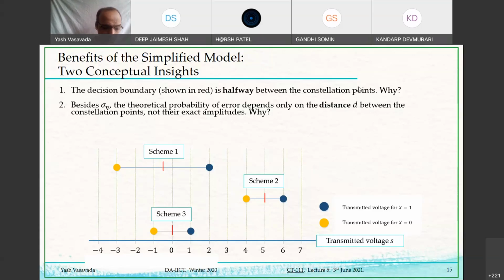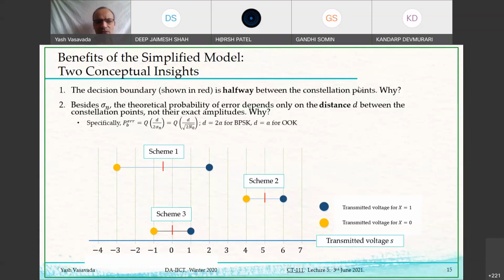If two cars are traveling on the road, and maybe this is a very poor analogy, just bear with me, and let's say the drivers are not very careful, then the probability of these two cars colliding depends on the distance between them. It doesn't matter whether these two cars are on a highway near Gandhinagar or a highway near Surat. So the absolute location doesn't matter.